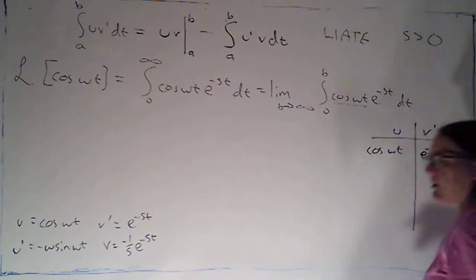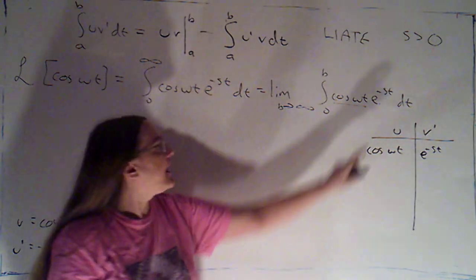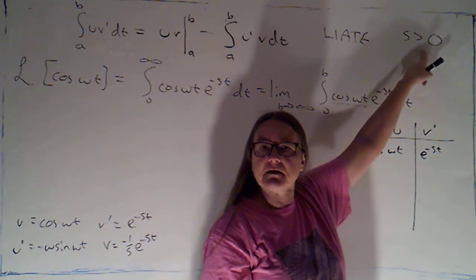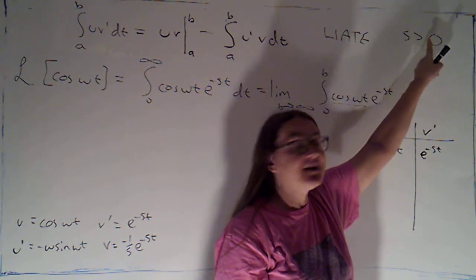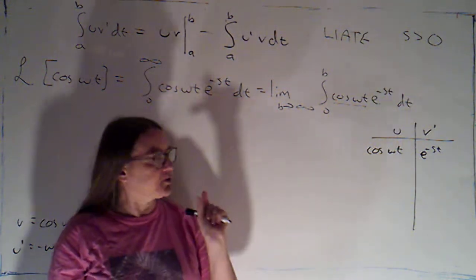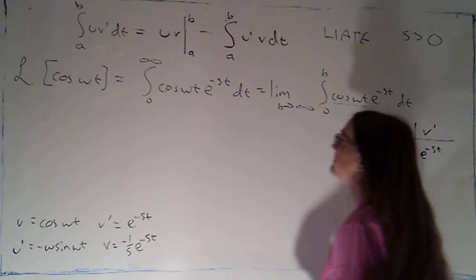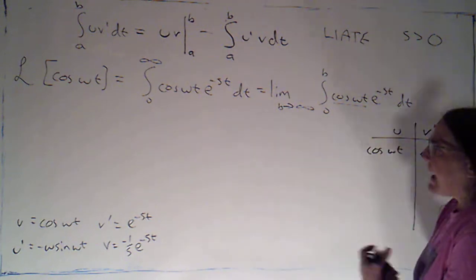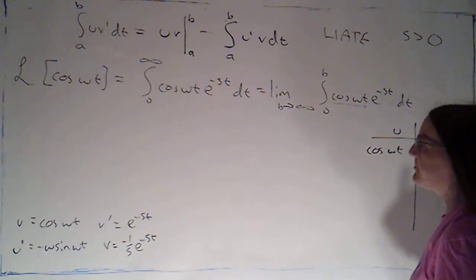Now, I just discovered that in the table of Laplace transforms that's in your textbook, they actually omit that distinction. I've made sure I added it to your handout that s is bigger than 0, but that's actually very important. If you're deriving the formula, it will be necessary that you state that. Okay. All right, and we'll need that eventually as we evaluate the limit. Otherwise, we'll get a divergent integral.